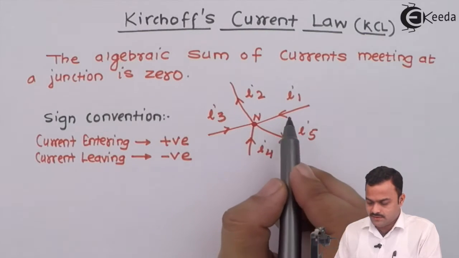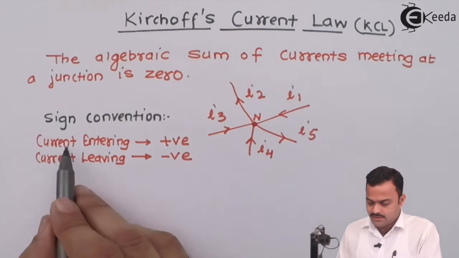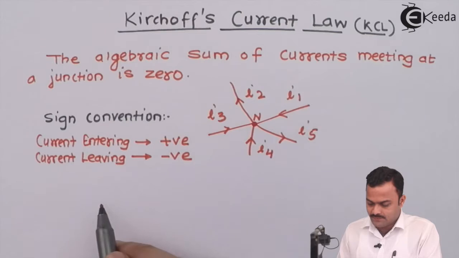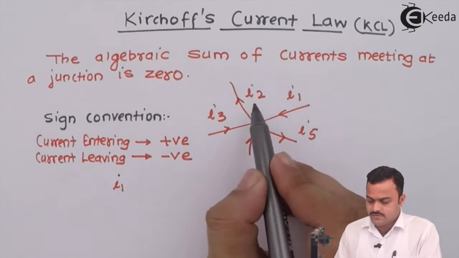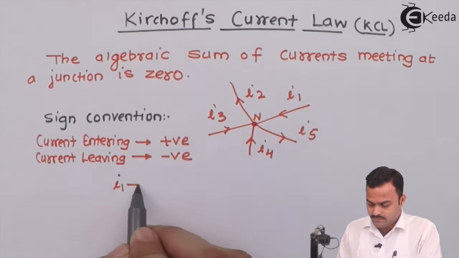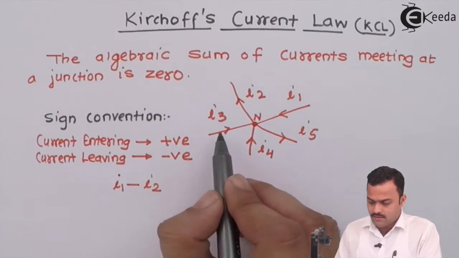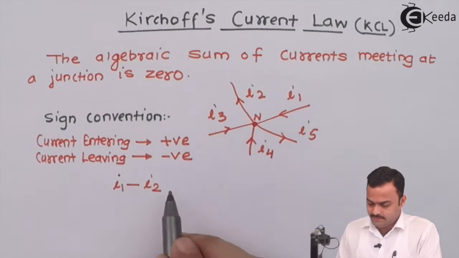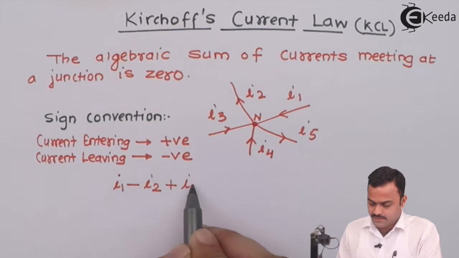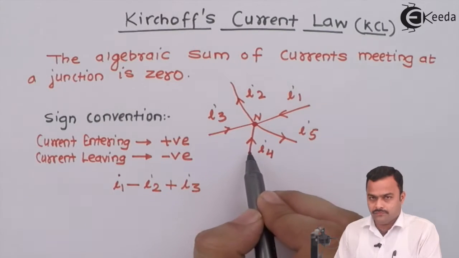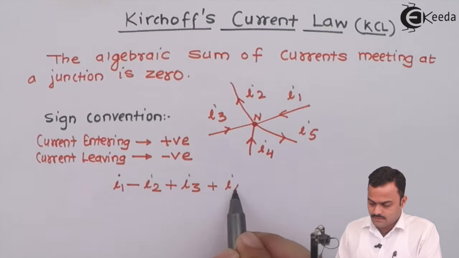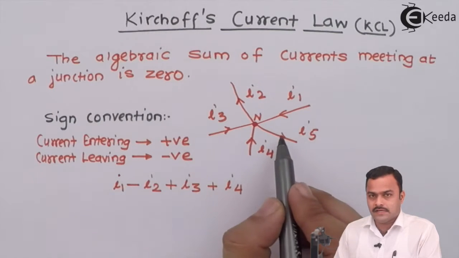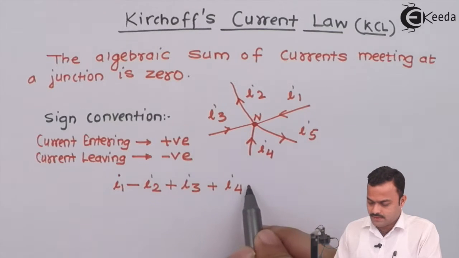The statement over here is: I1 is entering, so I will consider that as positive. I2 is leaving, so that is minus. I3 once again entering, so plus as per our sign convention. I4 is also entering, so plus, and I5 is leaving the node, hence minus.